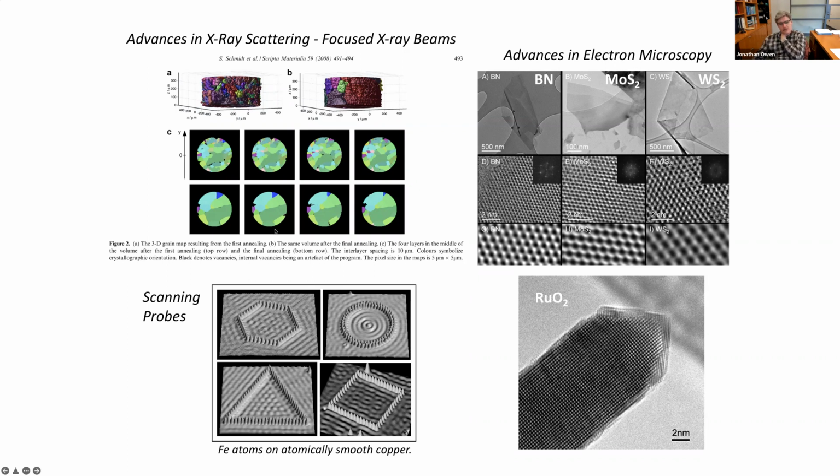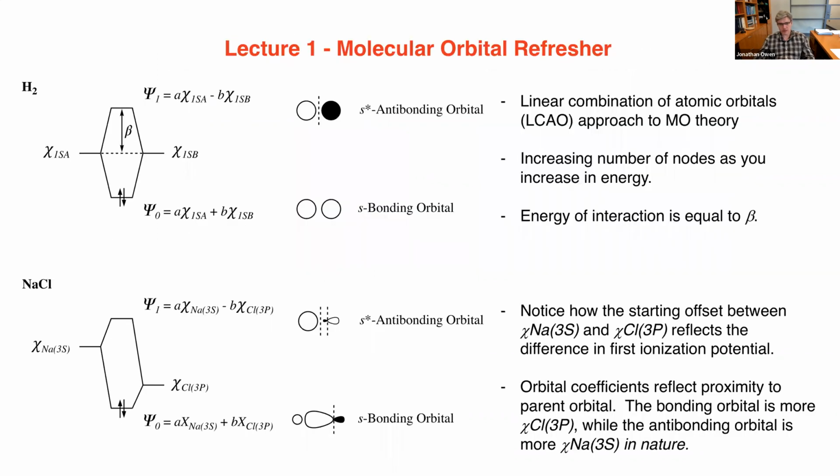And in addition to these, there are the more traditional scanning probe methods, and then electron microscopy. People are doing experiments now where you can actually watch atoms move around in the microscope in real time. So we'll talk about exactly how that works.